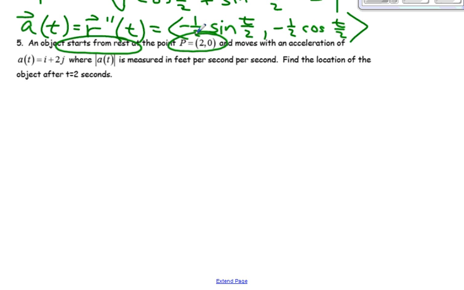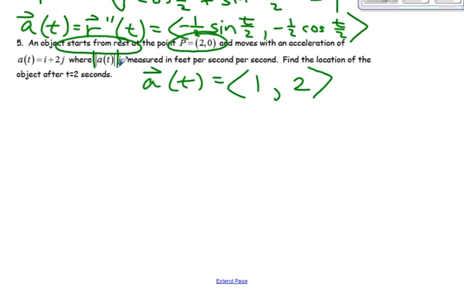So that means if you want to write that as a vector in component form, the x component is 1 and the y component is 2. The magnitude of the acceleration is measured in feet per second per second. Find the final location of the object after t equals 2 seconds.